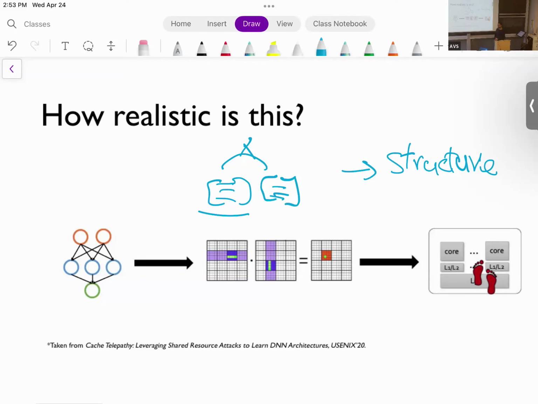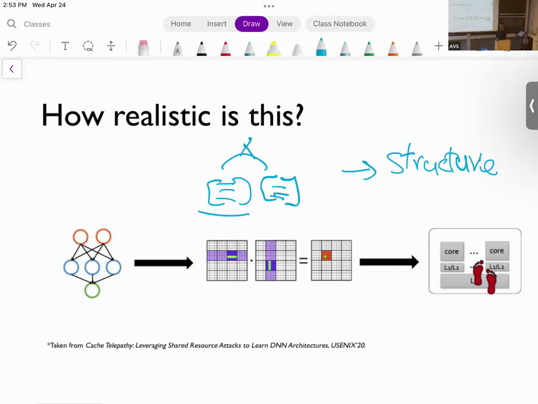So if I know exactly what the connections between different layers of something like ChatGPT are, then I can go and build my own ChatGPT, and I can have a very million-dollar company. Of course, I still need the data, but the structure itself is important, right? So if someone can essentially steal my model or extract my model, then they can go and replicate my model and do whatever they want with it, all right?